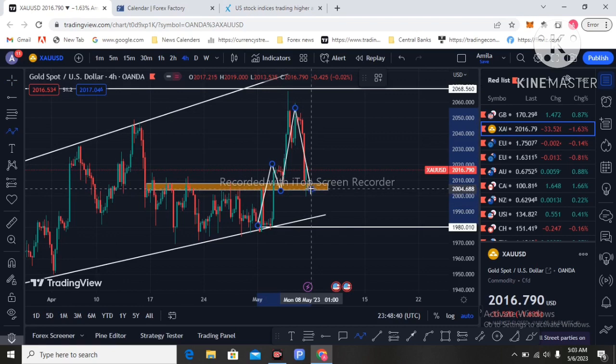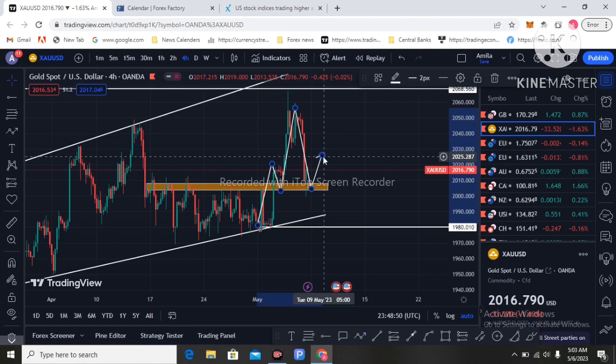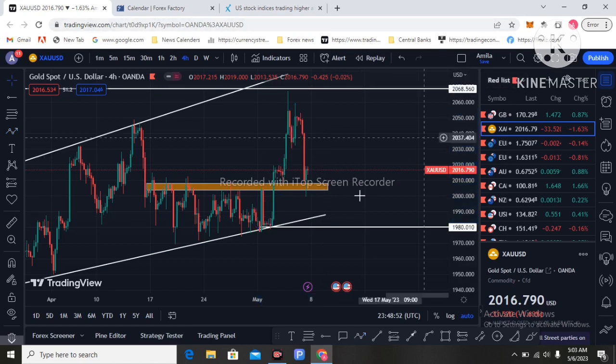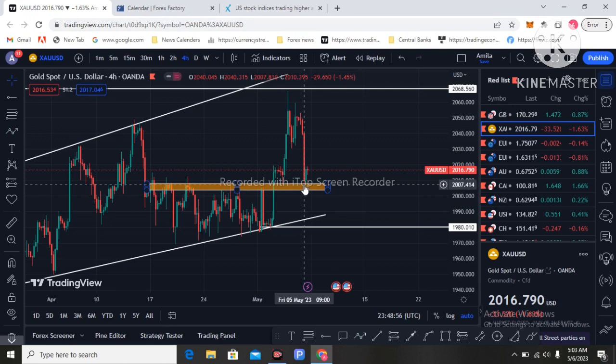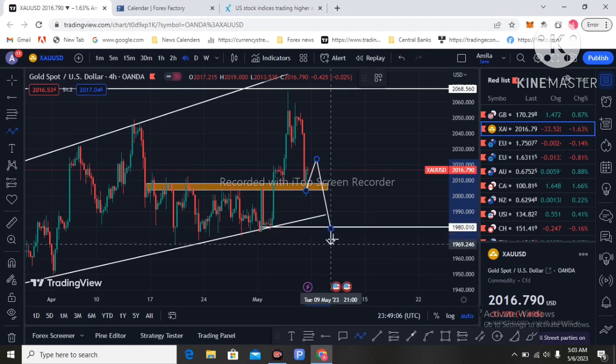The price will continue to the high, but I am forecasting it will not create a higher price, because the labor data was positive for the US dollar: non-farm employment change and unemployment rate. The price will not continue to create higher highs and will drop to the downside. That is what I am forecasting for gold next week.